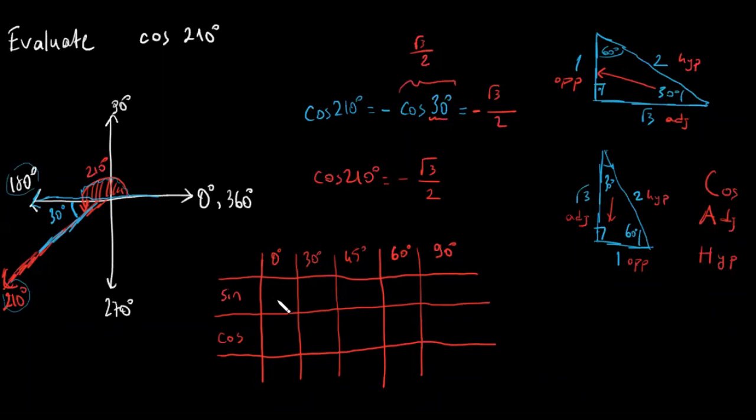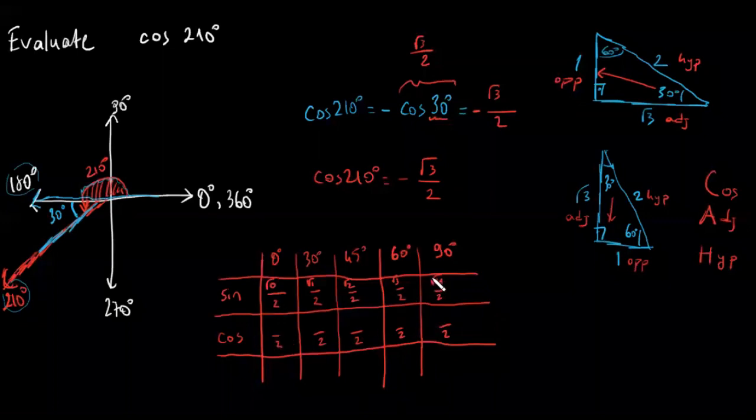First of all, we are going to put the fraction bar here, and then we are going to divide everything by 2. And then we are going to put in the numerator, for sine, root 0, root 1, root 2, root 3, and root 4.